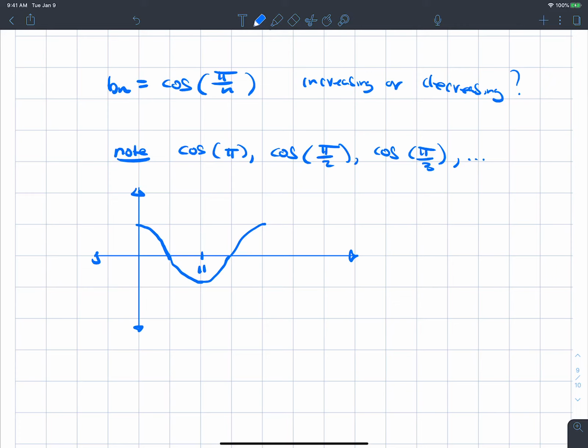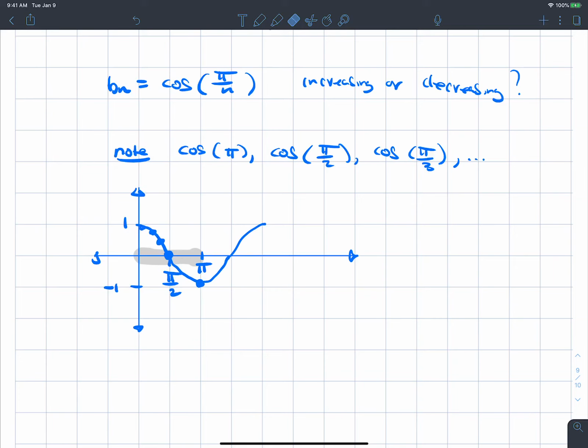If I can draw it. Something like that. Pi over 2, +1, -1. So I'm really focusing on this interval here. For the first term, cosine pi is down here. And then we have cosine pi over 2. And then it gets pi over 3 and so on. So we're going from -1 to +1.